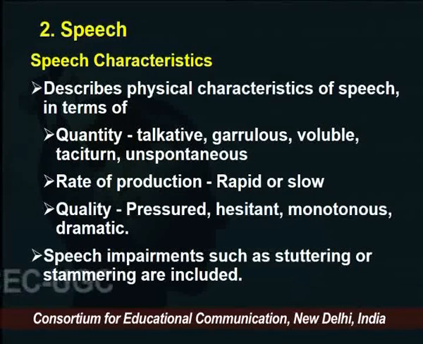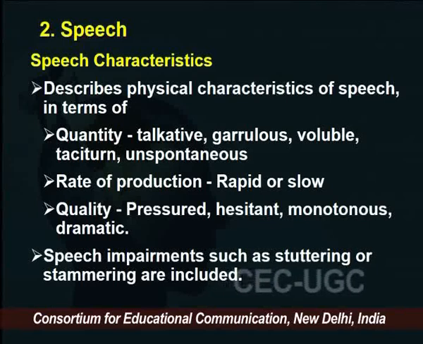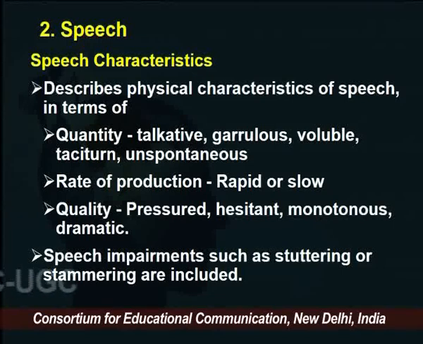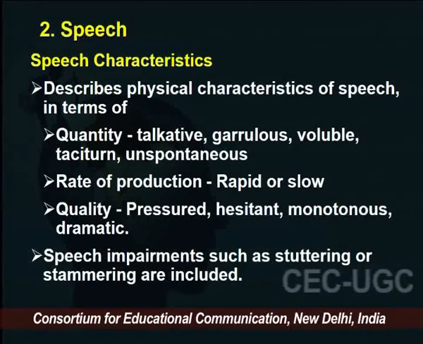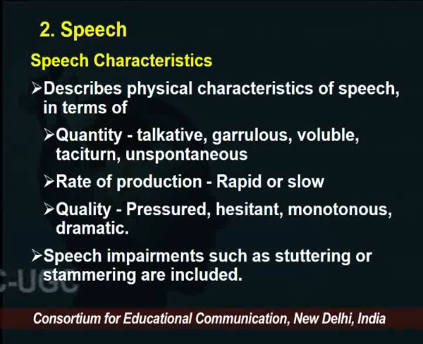So on an average, an individual produces 120 words in a minute in normal speech. So we have to see if they are going beyond that or they are going slower. You don't have to sit and count, but you would be able to understand that yes, the individual is either speaking too fast or too slow.